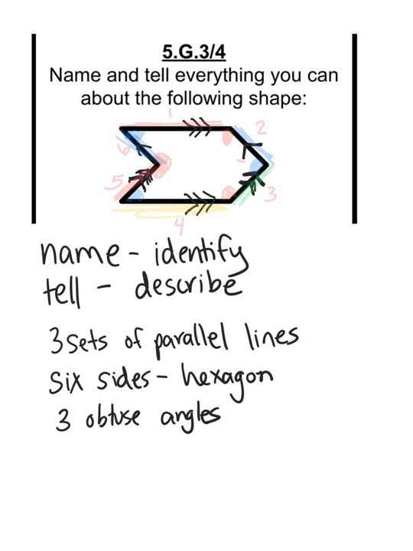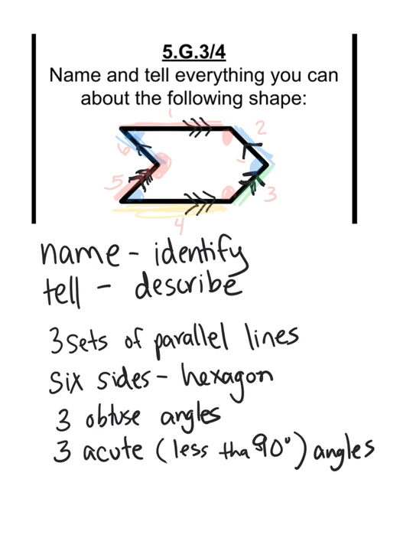That makes sense, because if I have 6 sides, I have to also have a total of 6 angles. 3 acute, which means less than 90 degrees, 3 acute angles. Okay, I'll call that good.